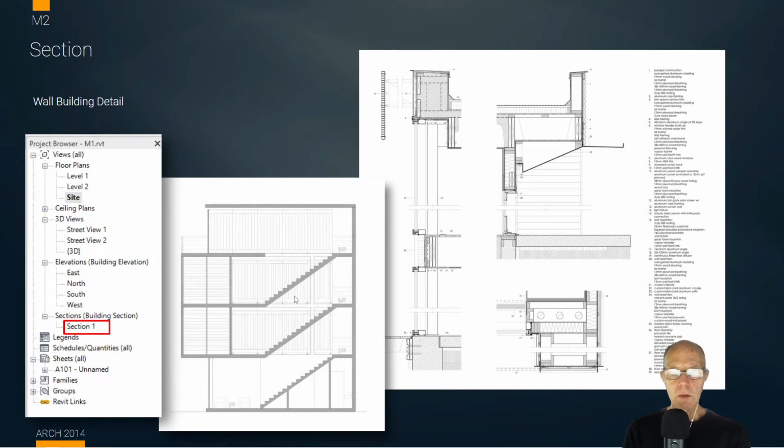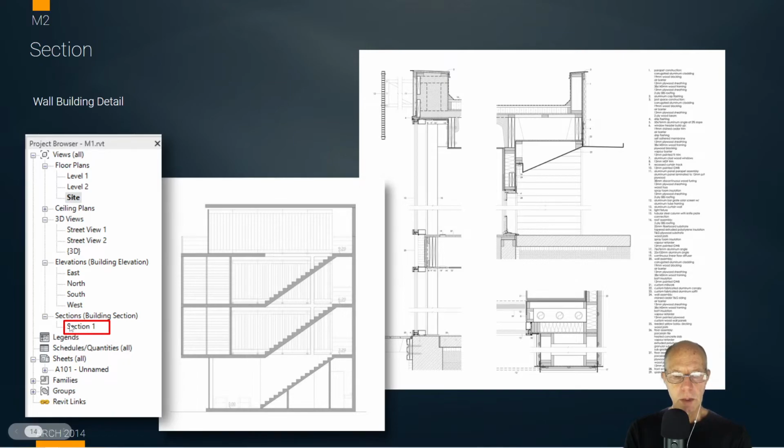Another form of building drawings is the wall section, or building section. It's a detail of cutting through the building. And once again, when we generate those in our BIM modeler, under the project browser, sections will automatically start to be developed as we cut sections.